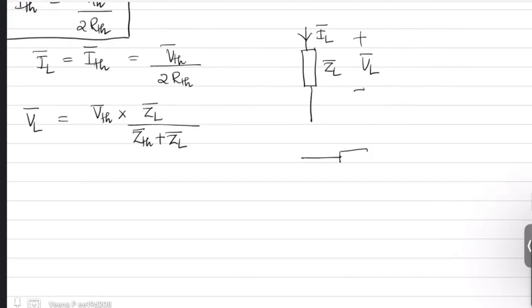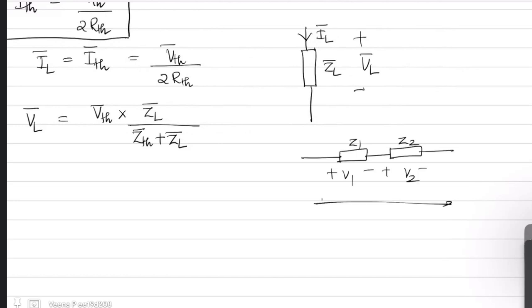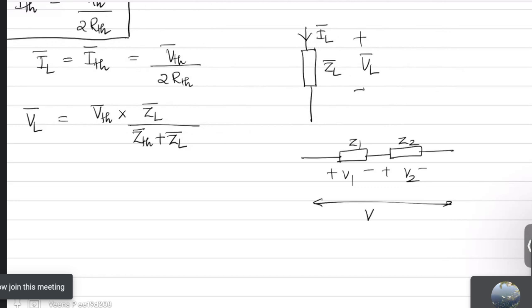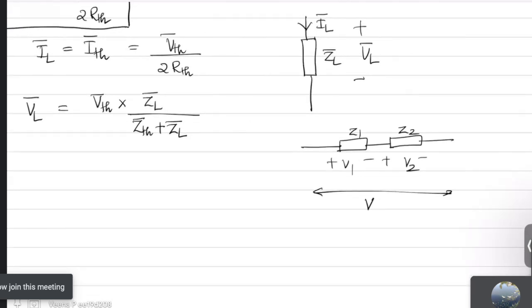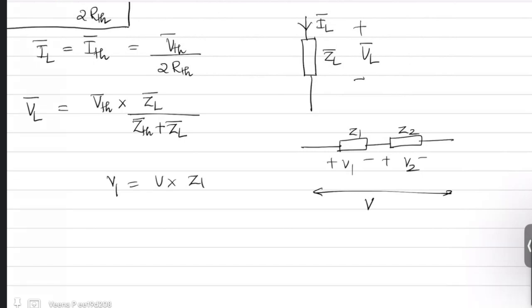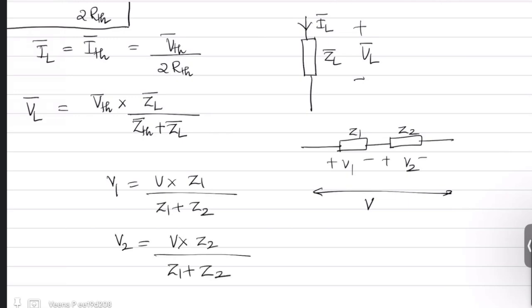If you have two impedances Z1 and Z2 across which the voltages are V1 and V2 and the total voltage across them is V, then V1 is V times Z1 by Z1 plus Z2 and V2 is V times Z2 by Z1 plus Z2.